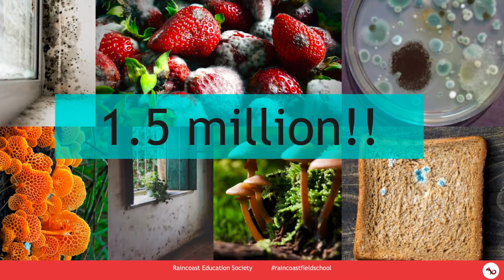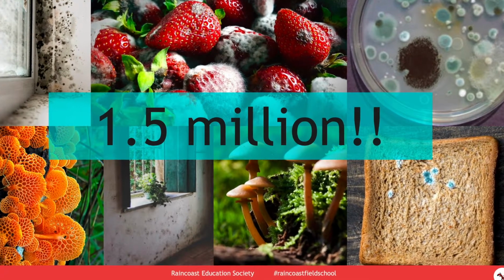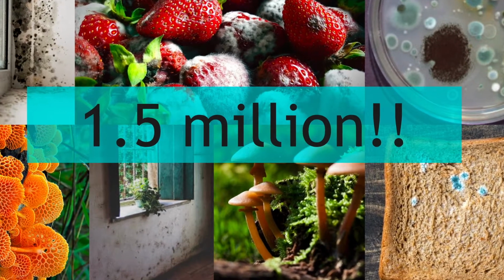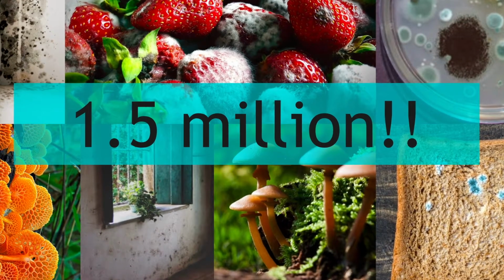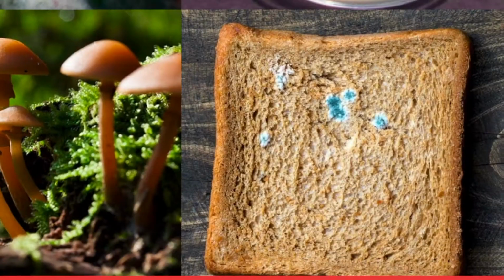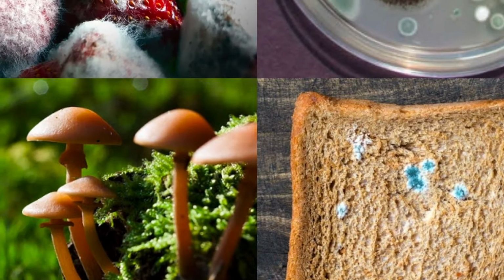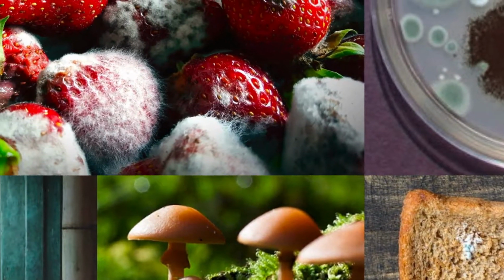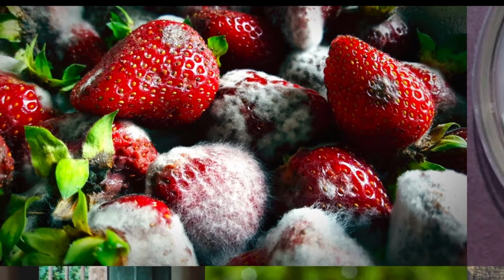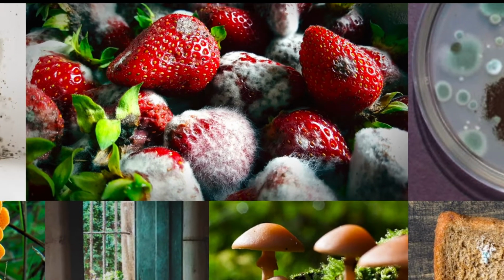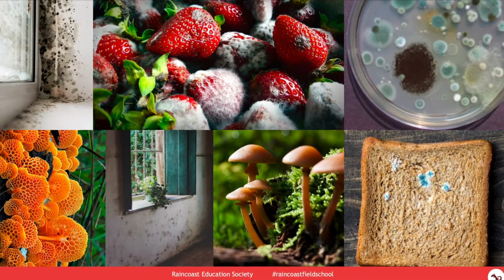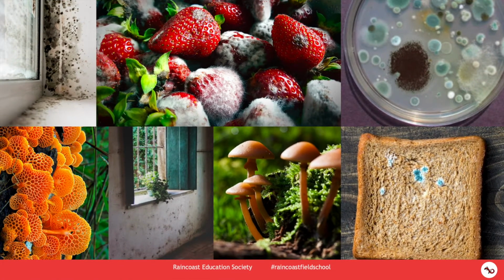There are approximately 1.5 million known fungi species, but scientists predict there are many more, possibly a count reaching up to 5 million worldwide. We can find fungus growing on all sorts of things, such as old food like bread or strawberries. It can be found growing inside our homes too. And of course, we find different fungus all throughout the forest. So they grow in lots of spots.